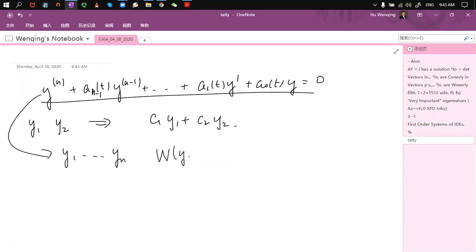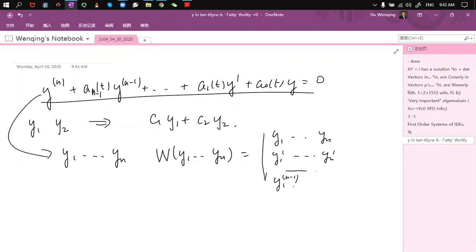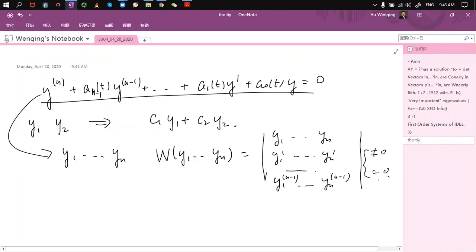Then you check the Wronskian W of y1 up to yn, with rows y1 up to yn, y1 prime up to yn prime, and so on, up to the (n minus 1)th derivatives, and check whether it is zero or non-zero. This is what we have been learning in our previous lectures.